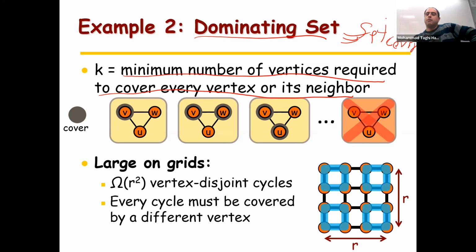What's the meaning of that? You want the minimum number of vertices required such that every vertex is covered, or essentially one of its neighbors is. How can we solve dominating set using set cover?